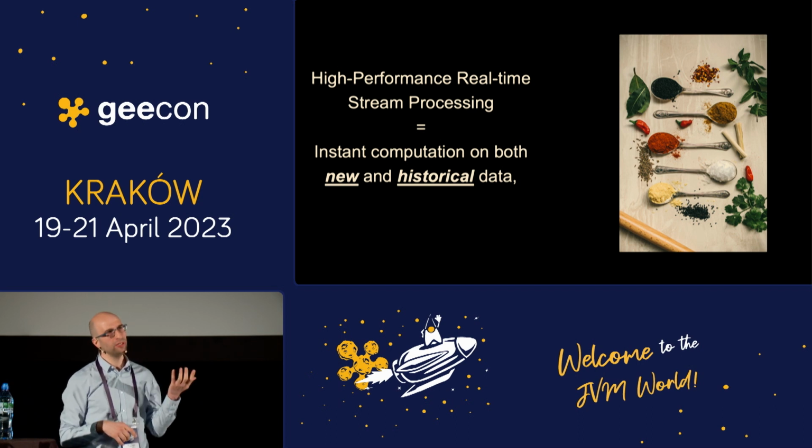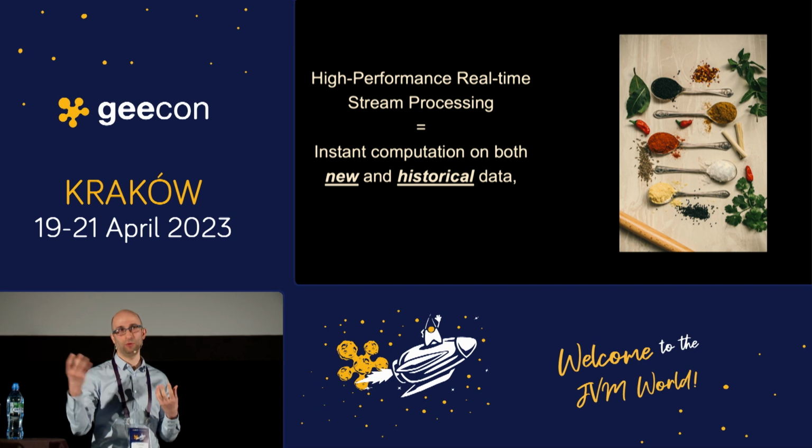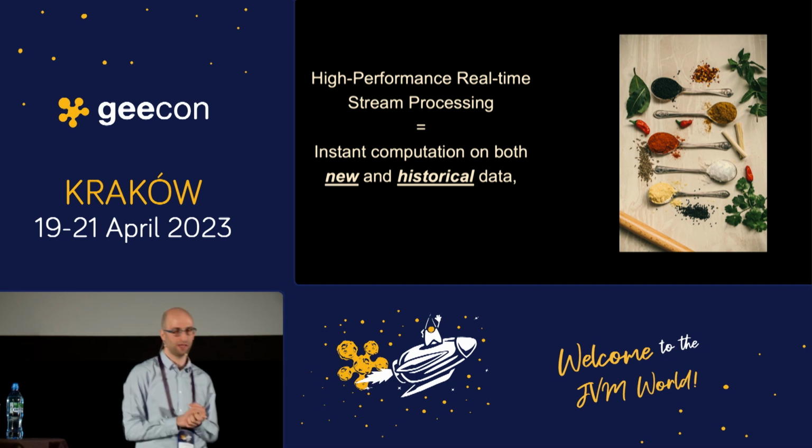So why do you need historical data if we're talking about real-time applications? Simply because you want to provide some kind of context. So when your application handles the real-time data, it needs some kind of historical data to provide context for the events you're receiving.